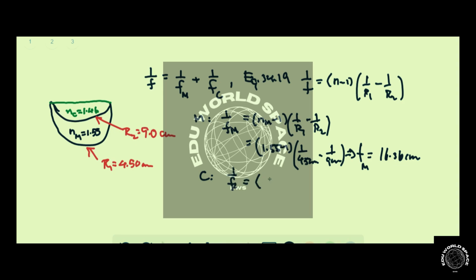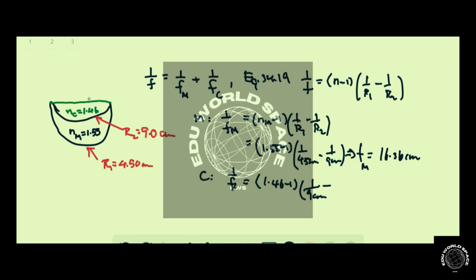And in a similar case, I could do it for the carbon tetrachloride. I just substitute the appropriate numbers. Okay, and now for the carbon tetrachloride, the R1, the first radius is going to be 9 centimeters, right? Because that's over here, as you can see from the diagram, so that's 1 over 9 centimeters.